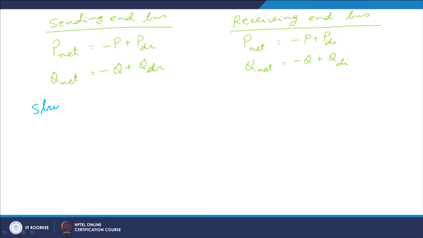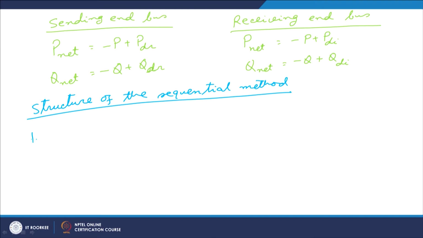So, the basic algorithm, very basic algorithm, without going into detail, the structure of the sequential method is very simple. We first take an initial guess for everything.